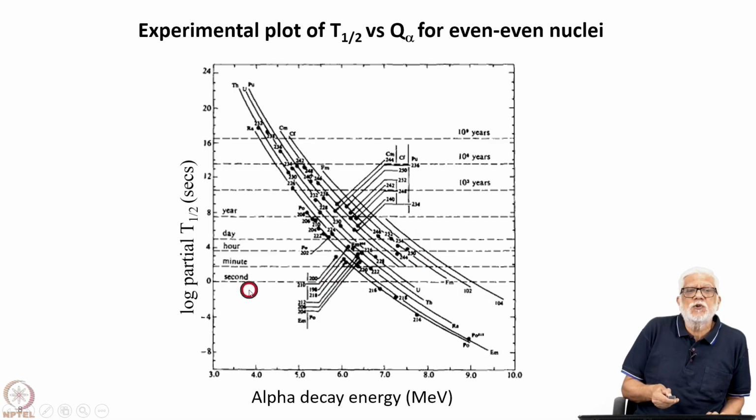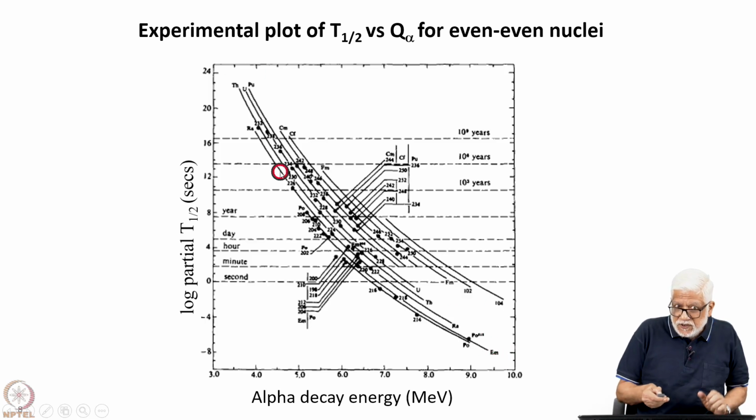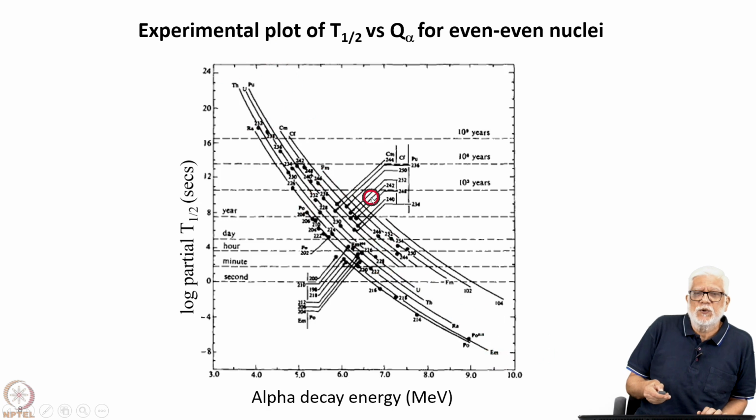So this corresponds to a second, this corresponds to a year, because of course as you see there is a huge range in the lifetime. So you can go right from 10 to the 22 years to fractions of a second, even something like a nanosecond, 100 nanoseconds or so. And so it follows the systematics that you expect.